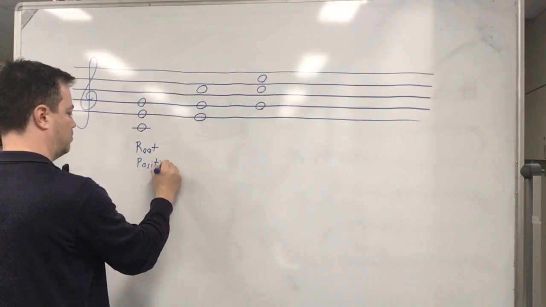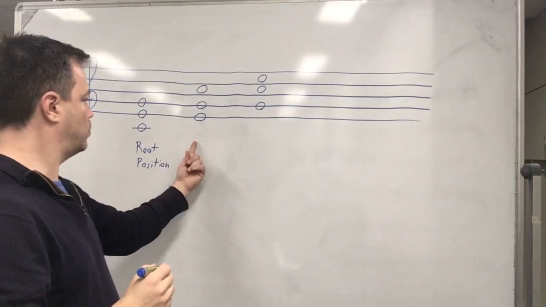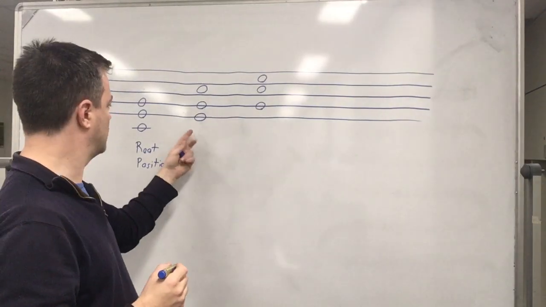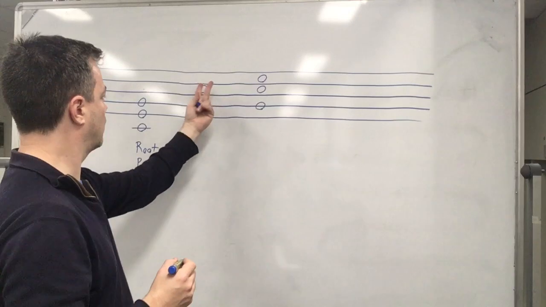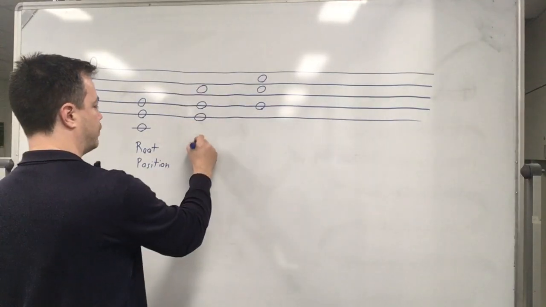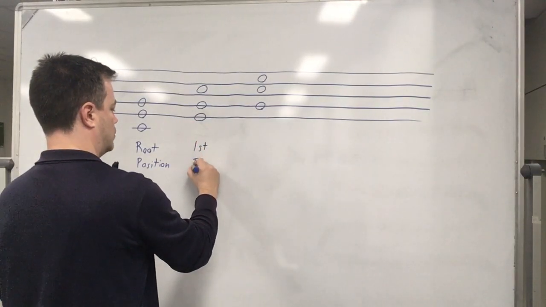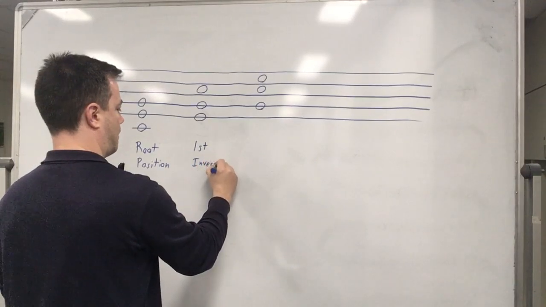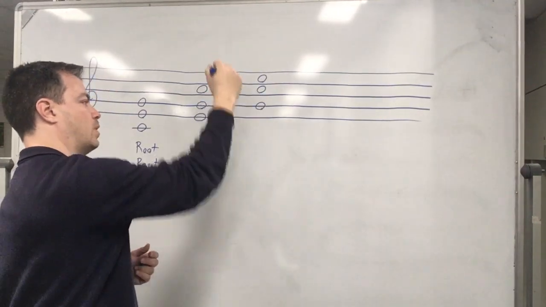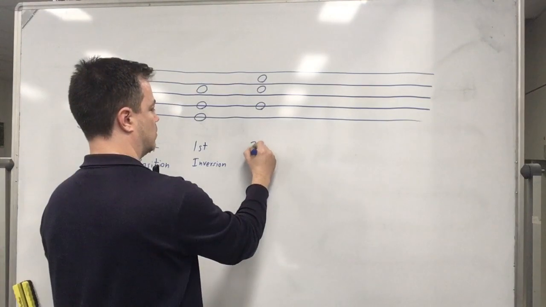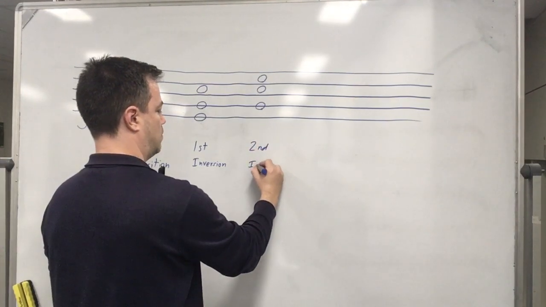That's root position. This one here, where the first note goes up the top, is called first inversion. And then when you put the next one on top, that's called second inversion.